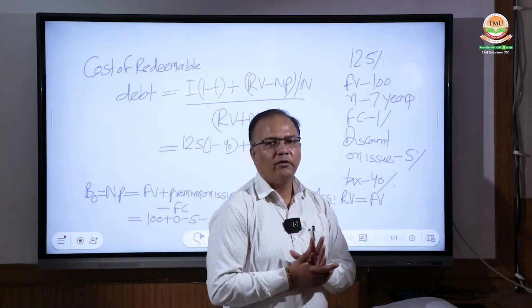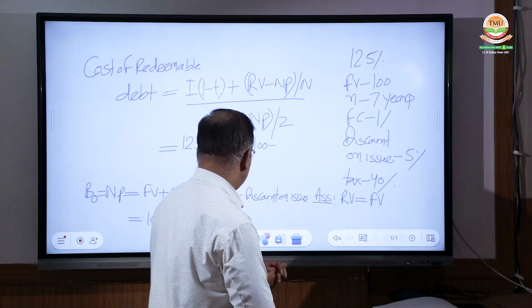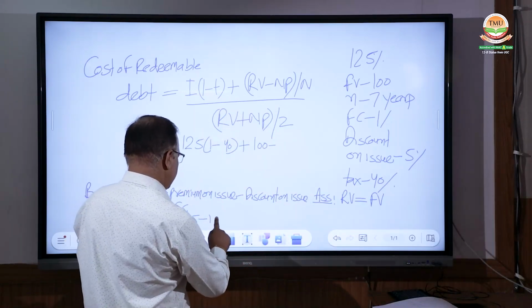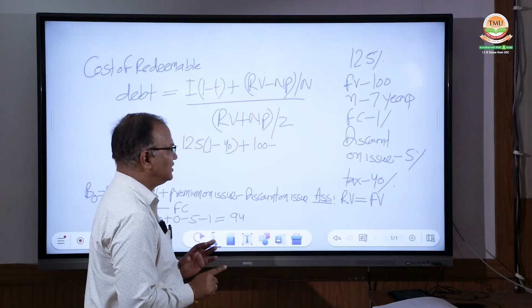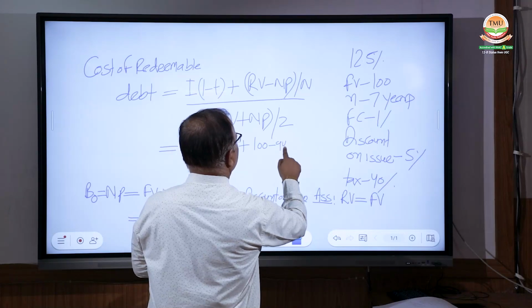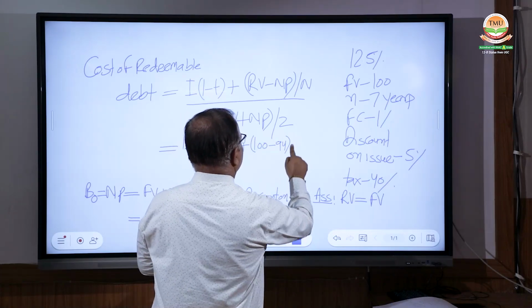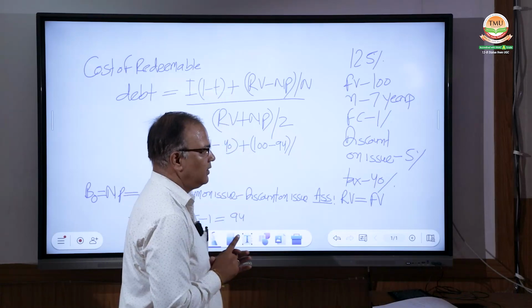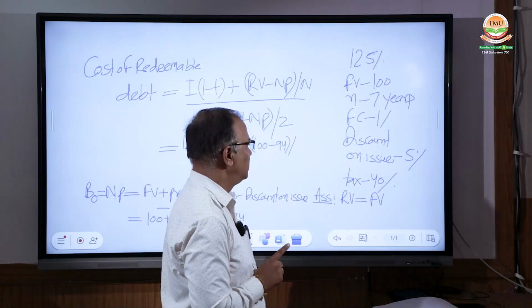It is given 1% flotation cost. 1% of rupees 100. It means it will be 100 minus 6 is equal to 94. So I am writing here 94. Divide by n. N means number of years. It's given in the question, 7.